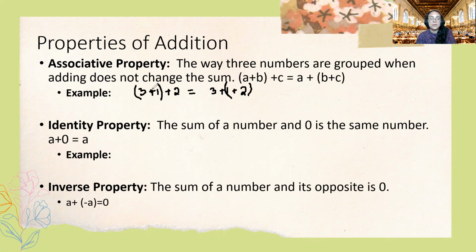Because what would this be? If I added 3 plus 1 first, if I group these, I would get 4. And then if I brought down the 2, 4 plus 2 would give me 6.